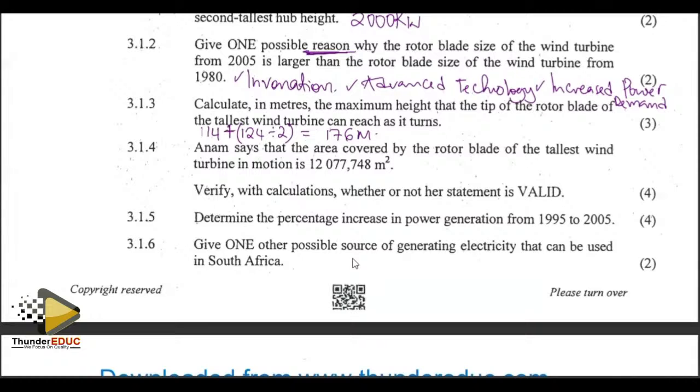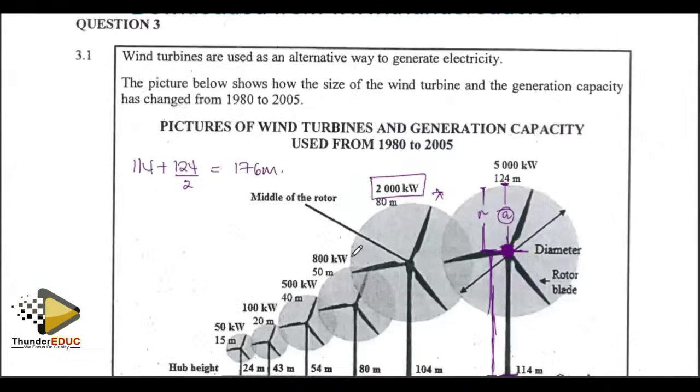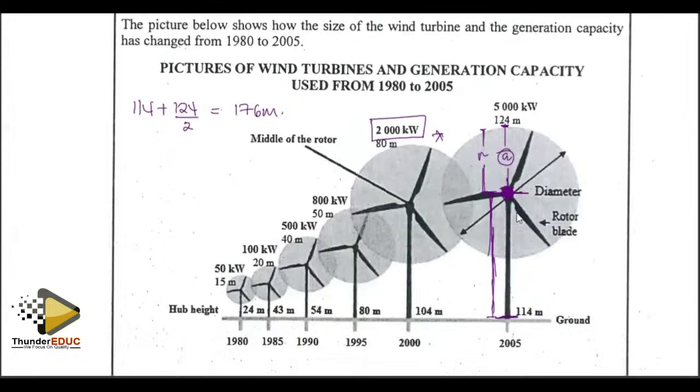Now, first and foremost, we're going to cover the area, this shaded part. It's a circle. So we shall say area of a circle, it's pi r squared, which is the same as 3,142 times. But what is our radius? Our radius is 62.